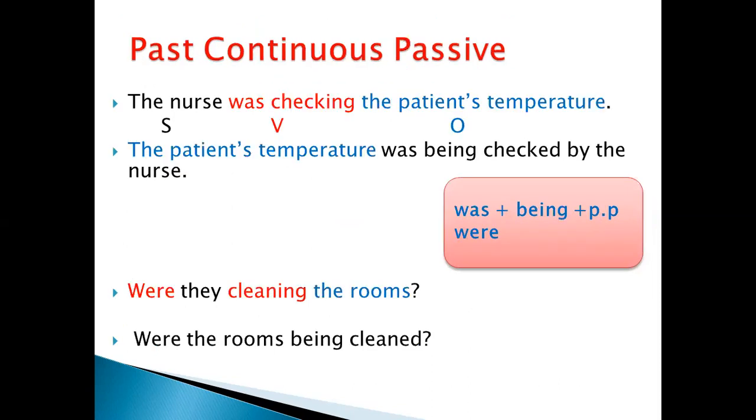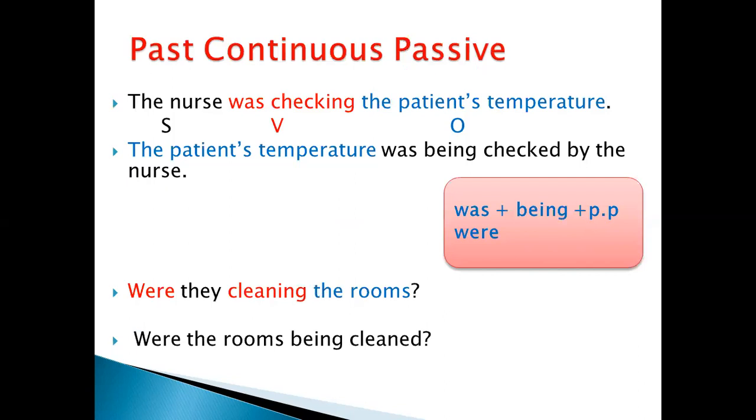In the past continuous passive, let's read. The nurse was checking the patient's temperature. Where is the subject? Where is the verb? Where is the object? What tense is it? Yes, it's past continuous. Excellent. Step number three.